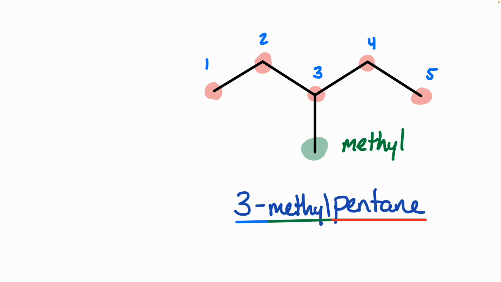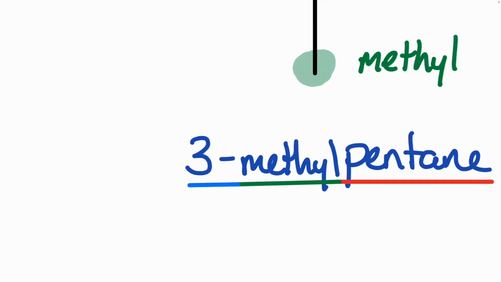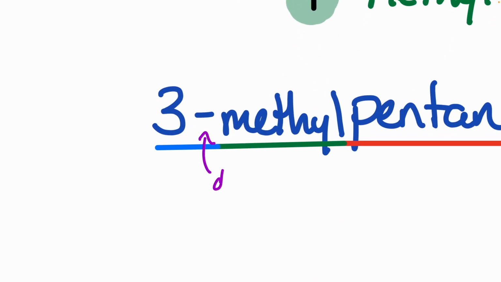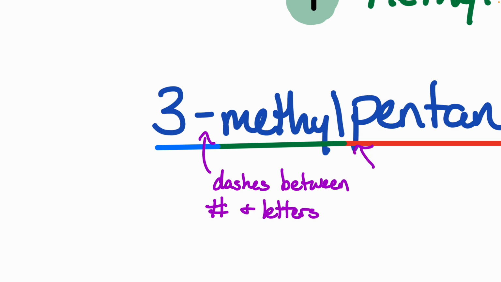All right, so the 3 is the location of that methyl substituent attached to my pentane parent chain here. We can just sort of note, we use dashes between numbers and letters, and there is no space in our name.